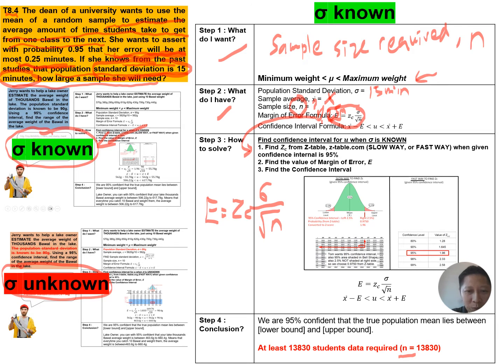Let us insert one by one. What do we have? N we don't know. Sigma we have, 15 minutes. The E we are already given, 0.25 here.